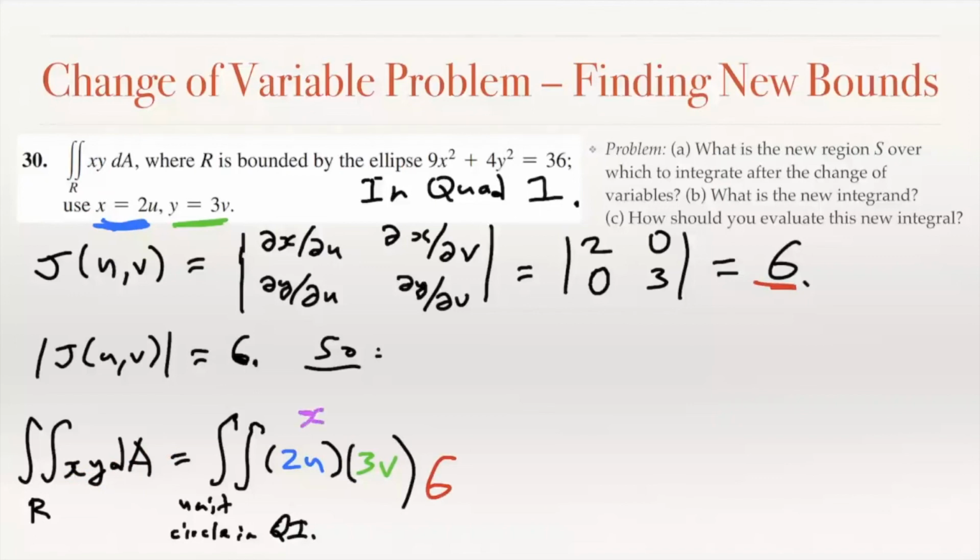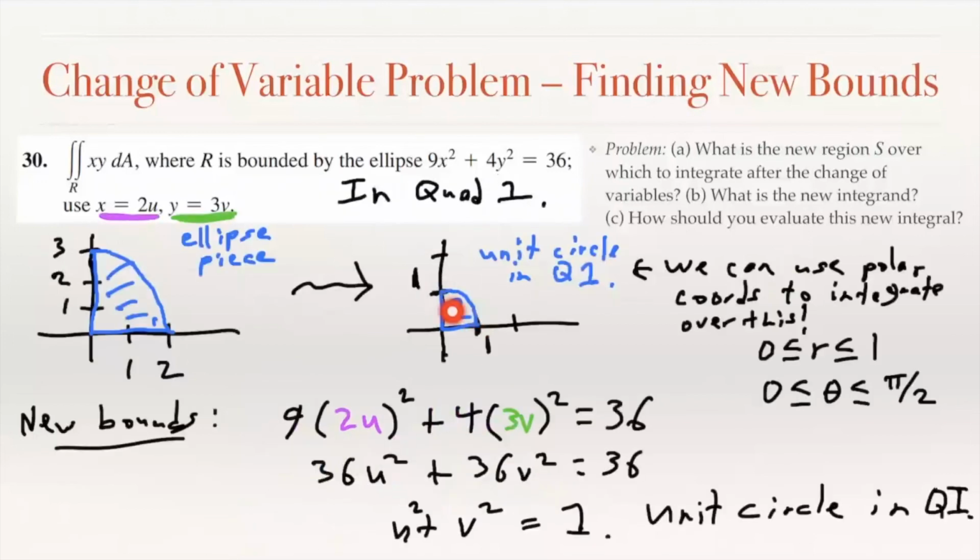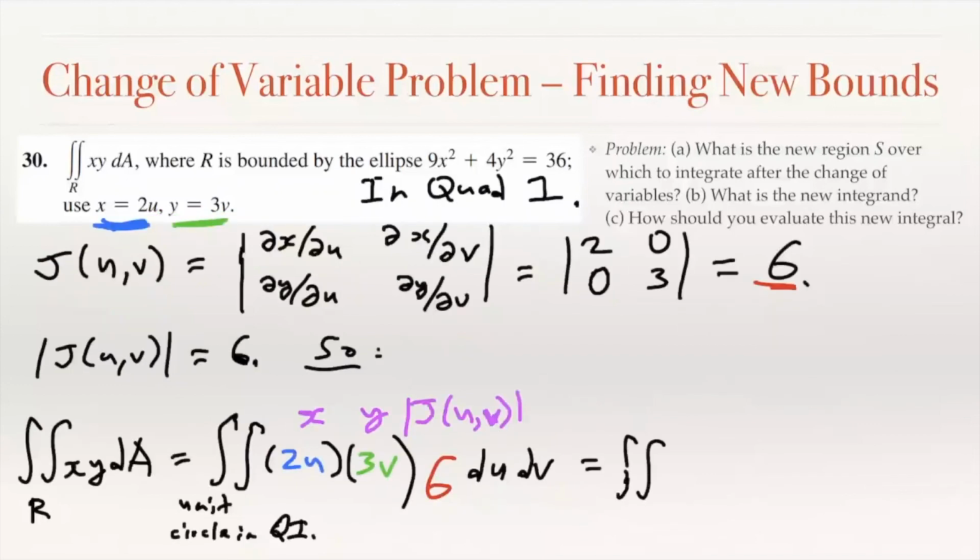So this is our x, y times the magnitude of J, du dv. Okay, but we don't want to integrate this in uv coordinates. So we want to change to polar. And in polar, r goes from 0 to 1, theta goes from 0 to pi over 2.